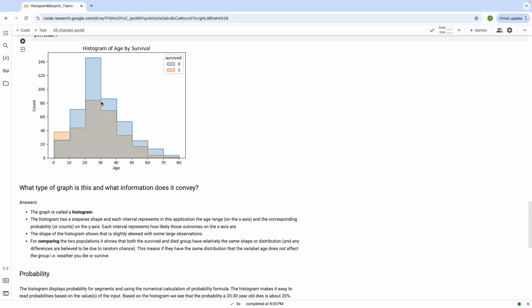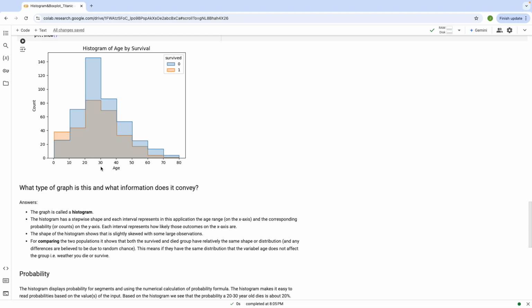For example, the most common age that survived is between 20 and 30 for the survived group. That's the same for the died group: the most common group that died is also between 20 and 30.